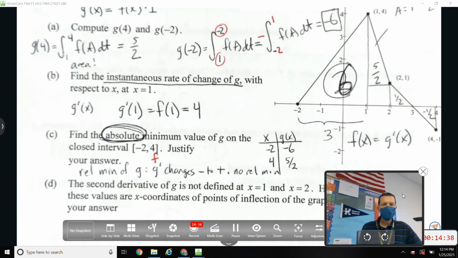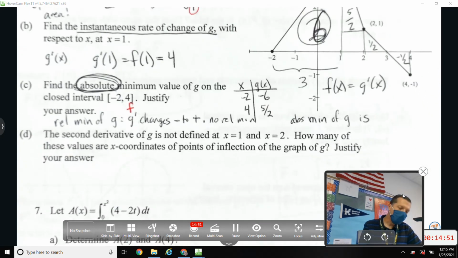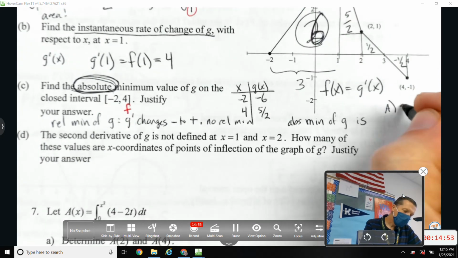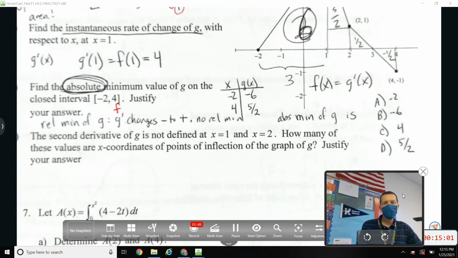Okay, now let's make sure we answer the right question. The absolute minimum value of g. So if this is a multiple choice question, which one is the absolute minimum of g?